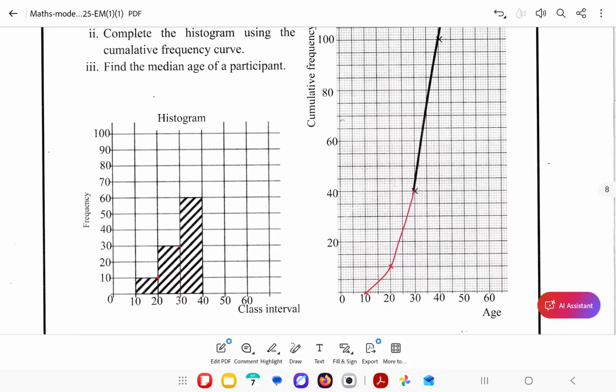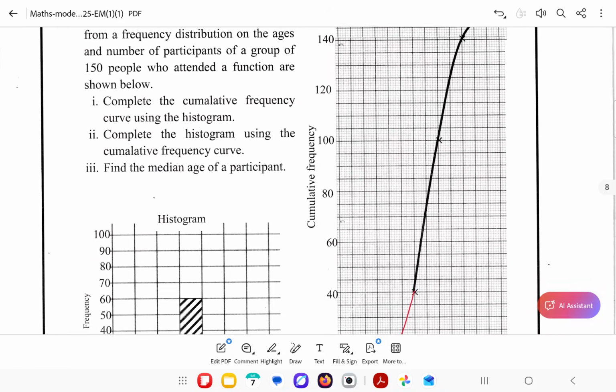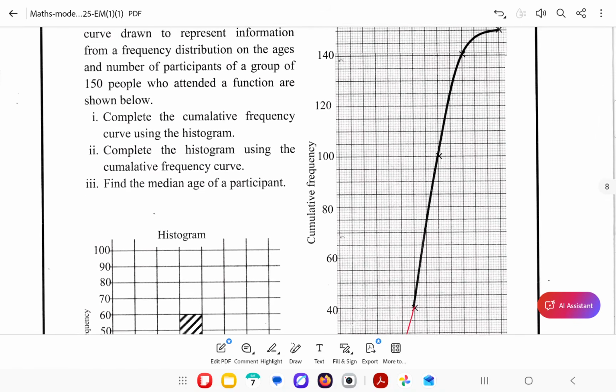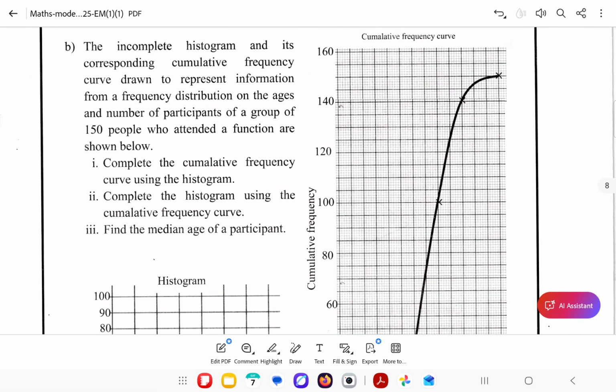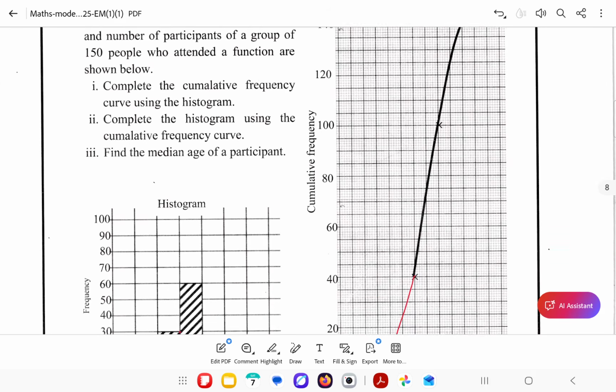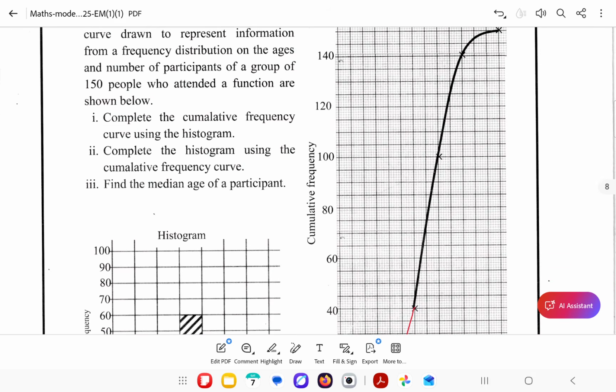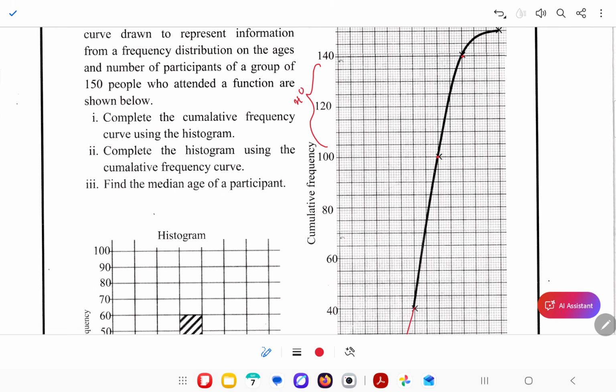At 50 you have 140. Cumulative up to 40 is 100, so the difference is 40.